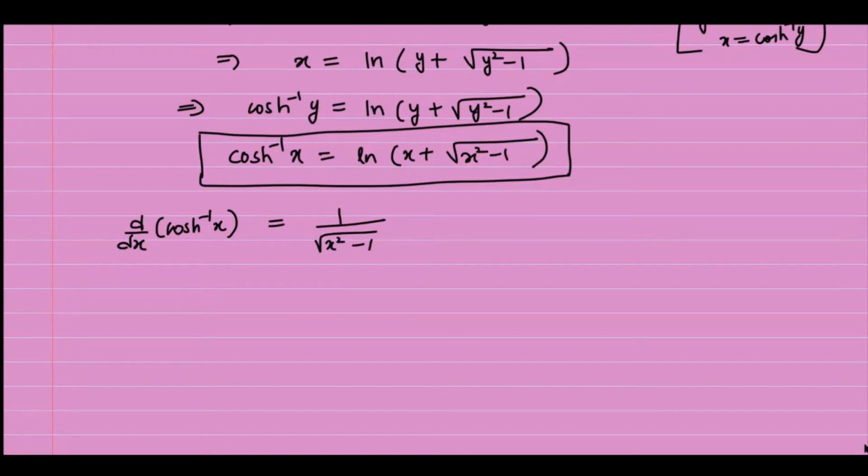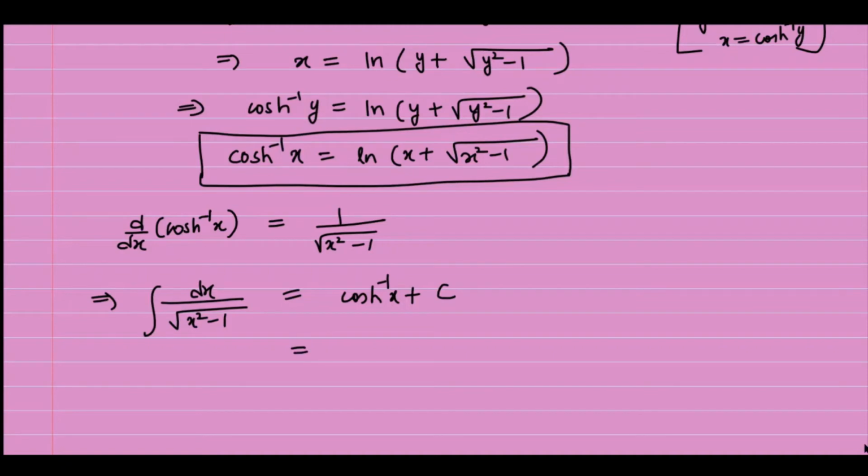Now from this it means that cosh inverse of x is the antiderivative of 1 by root of x square minus 1. So we can write this as integral dx by square root of x square minus 1 is equal to cosh inverse of x plus an arbitrary constant c will be here.